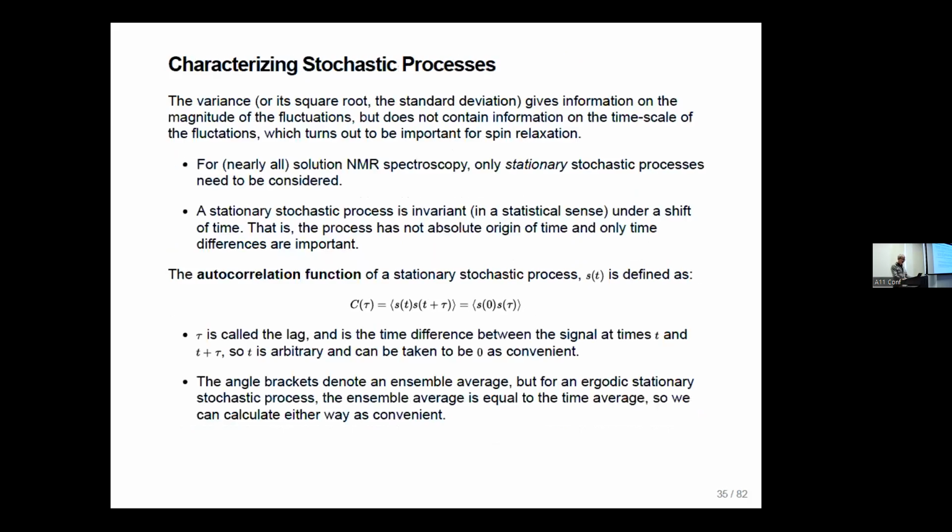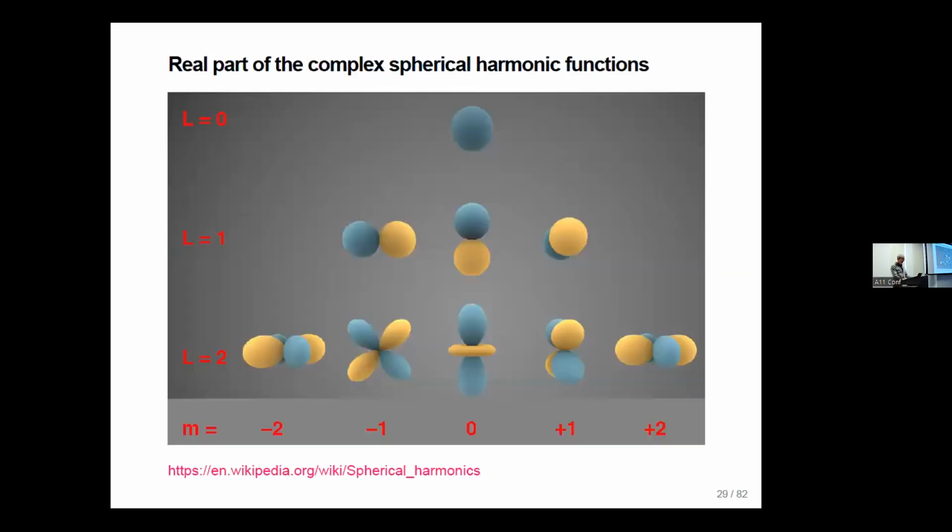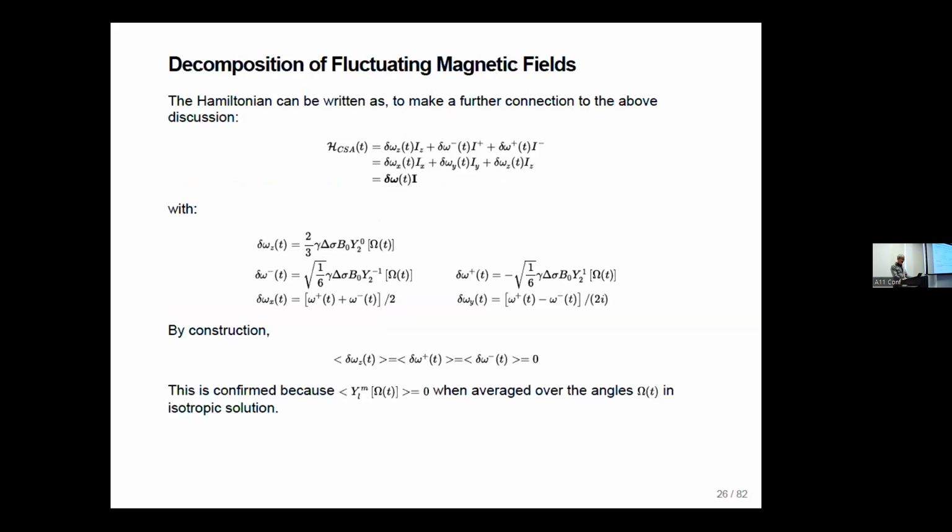So when I come back here, where did I have the Z? So here, for example, if I'm talking about the longitudinal Z fluctuations from the chemical shift Hamiltonian, I have the signal at time t depends on the spherical harmonic at time t.